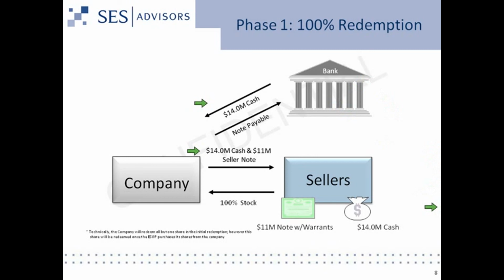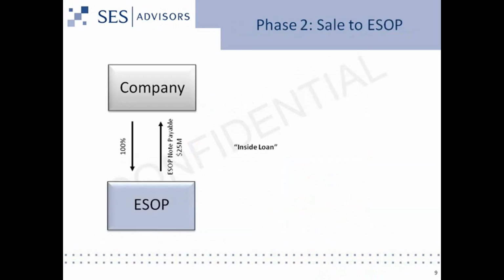At the end of the day, the sellers are left holding the cash that we got from the bank, $14 million, and the note that the company issued for $11 million. So they have the total of $25 million and the warrants. Now the company has $25 million debt, 14 to the bank and 11 to the sellers.